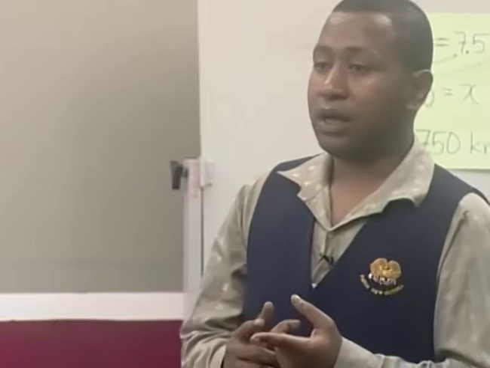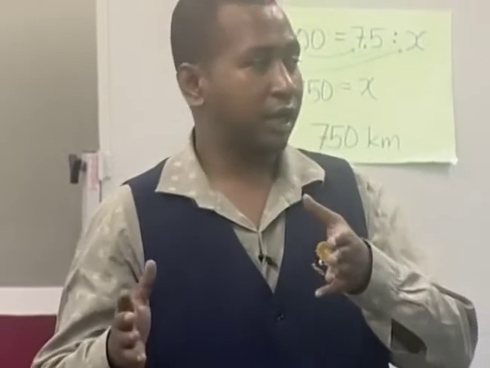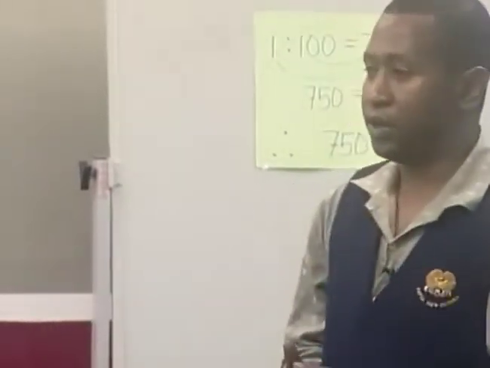If you have got the measurement on the map, 7.6 centimeters, then on the ground it will be 760 kilometers. If you have got the measurement on the map 7.5 centimeters, you will get the distance on the ground 750 kilometers. Now, this is how we can work out the answer for converting the bigger unit to the smaller unit, or the smaller unit to the bigger unit, or finding the unknown number.